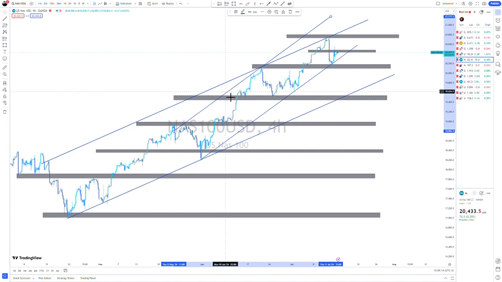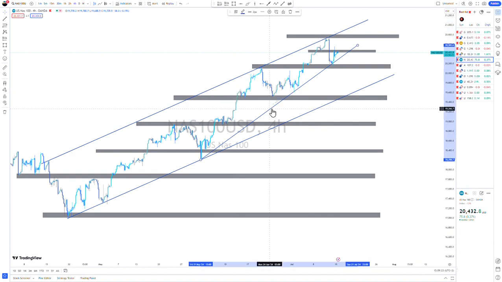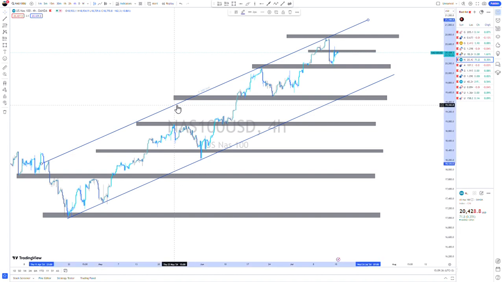We have two bullish trends for Nas, which is a strong confluence showing that Nas is going to be on a very bullish momentum still. So I'll go ahead and delete that and continue working with this channel that I have.